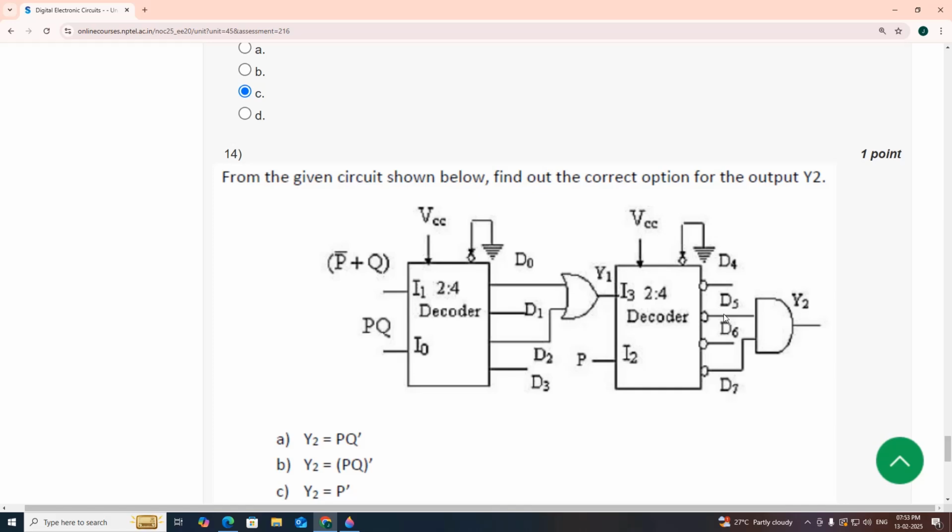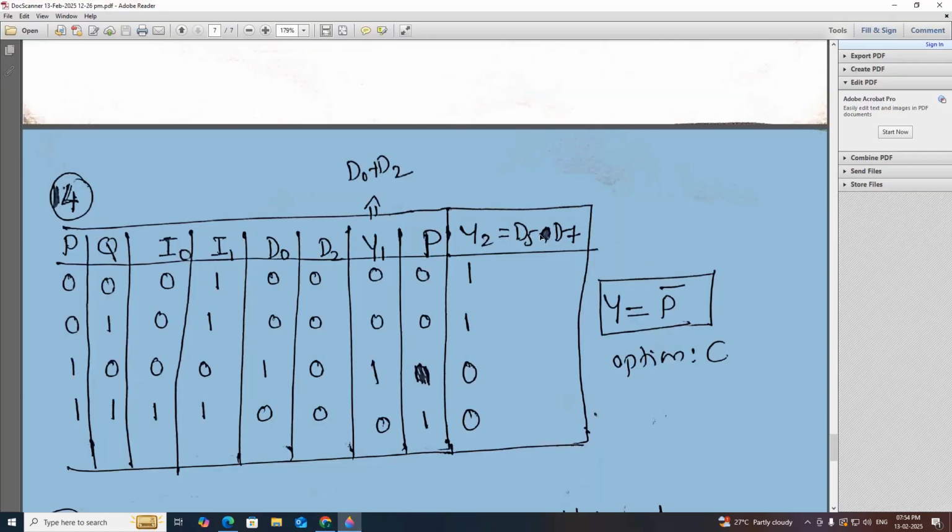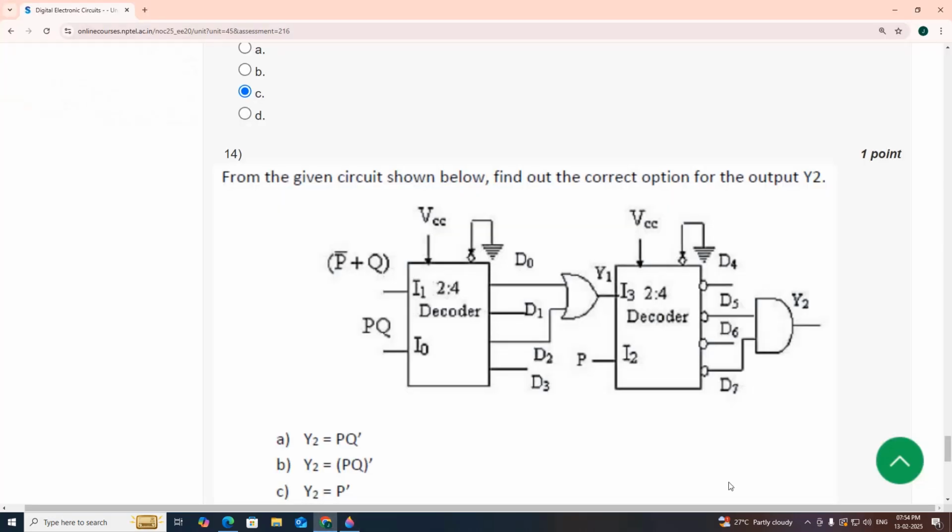It is an AND operation of D5 and D7. So if this is 0, this is 0, D4 will be 1. Remember, this is complement here. D4 will be 1. Remaining will be 0, 0 and 0. So D5 will be 0, D7 will be 0. Your output Y2 will be 0.